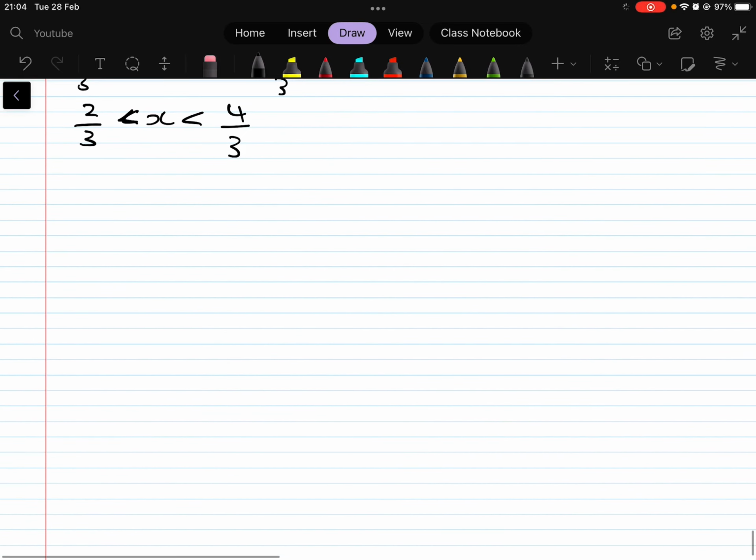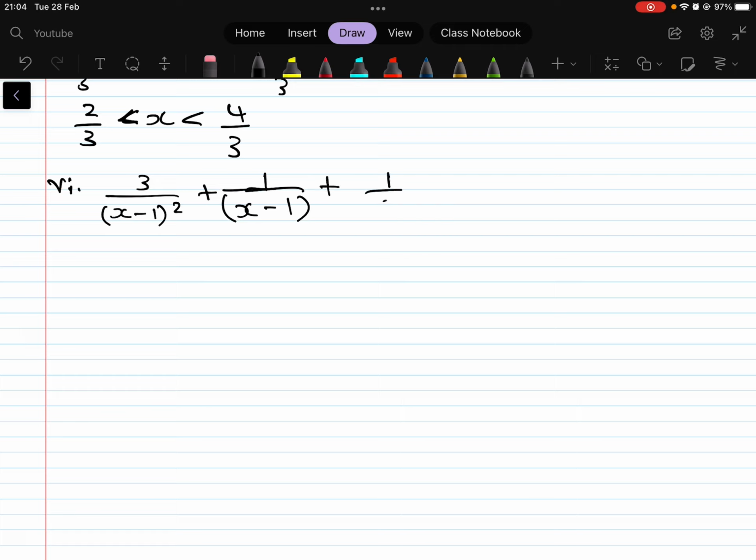I think this will be the last example, then we stop. This example, we are given a series which is a bit more complex than the previous ones: plus 1 over x minus 1, plus 1 over 3, plus x minus 1 over 9, plus and so on.